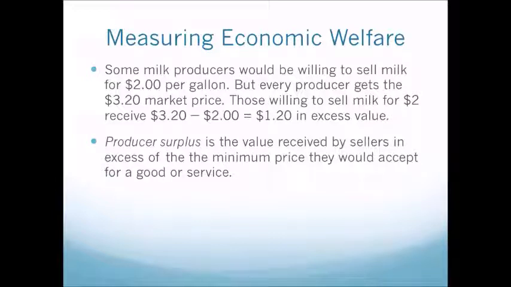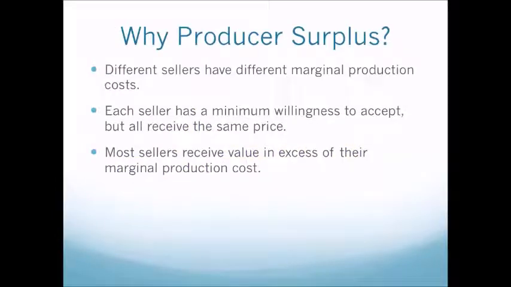This is the difference between the minimum price sellers are willing to accept for a given quantity and the single price they all receive. Producer surplus is the value received by sellers in excess of the minimum price they would accept for a good or service. Different sellers have different marginal production costs. Each seller has a minimum willingness to accept, but all receive the same price.